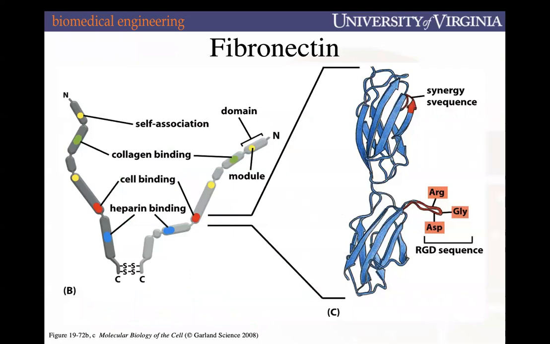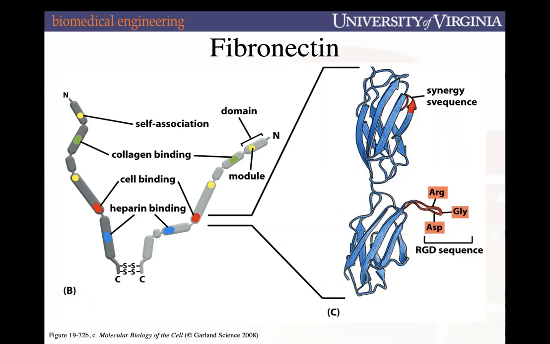The last connective tissue ECM protein that we're going to discuss is fibronectin. Fibronectin is a really interesting protein because it doesn't really provide much, if any at all, physical stabilization or physical strength to the connective tissue ECM.